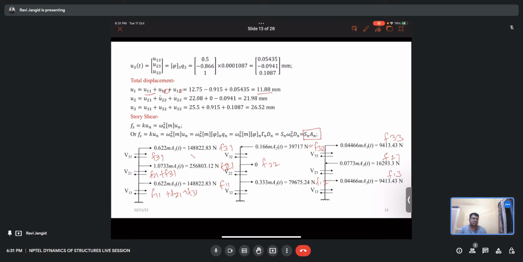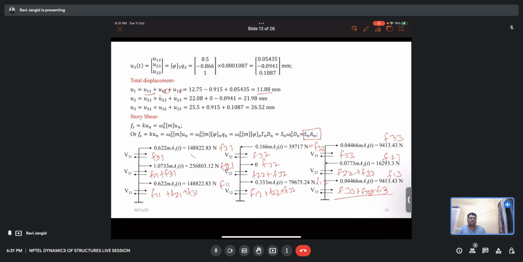Same for V32, that will be F32. For V22, that is F22 plus F32. For V12, that is F12, F22, F32. Okay, and for V33, that is F33, V23 is F23 plus F33, and for V13, that is F13, F23, F33.